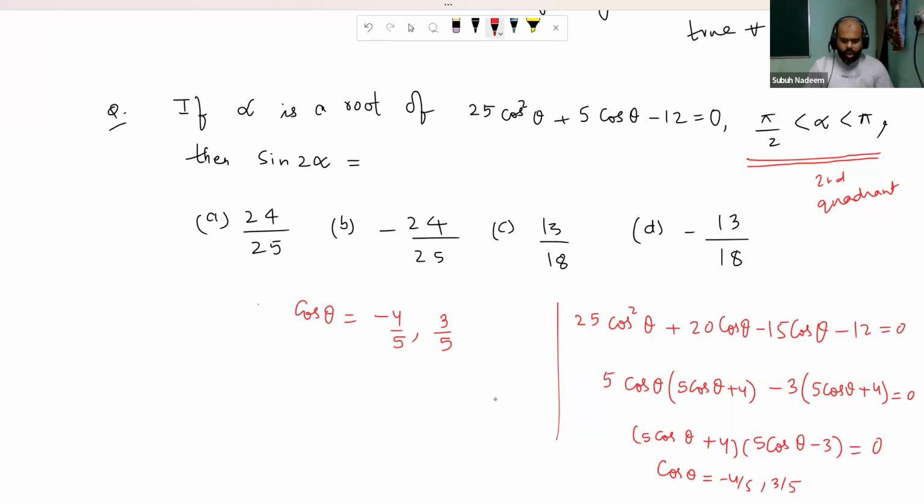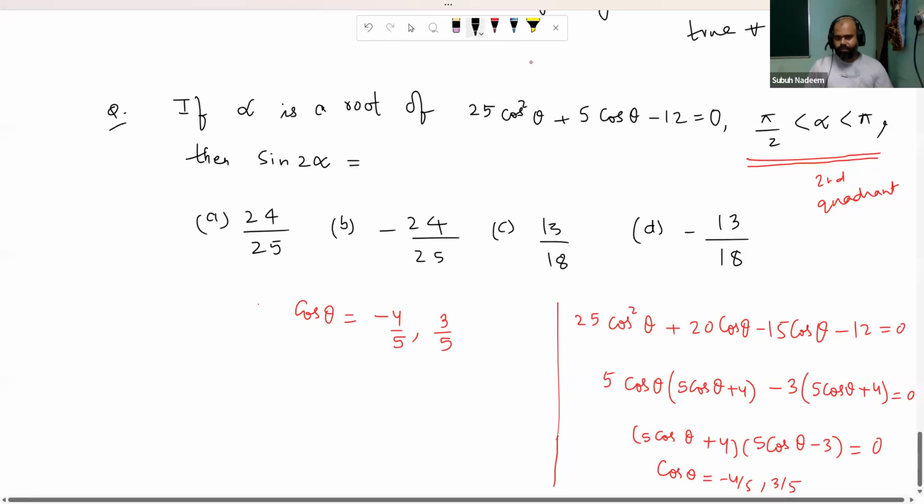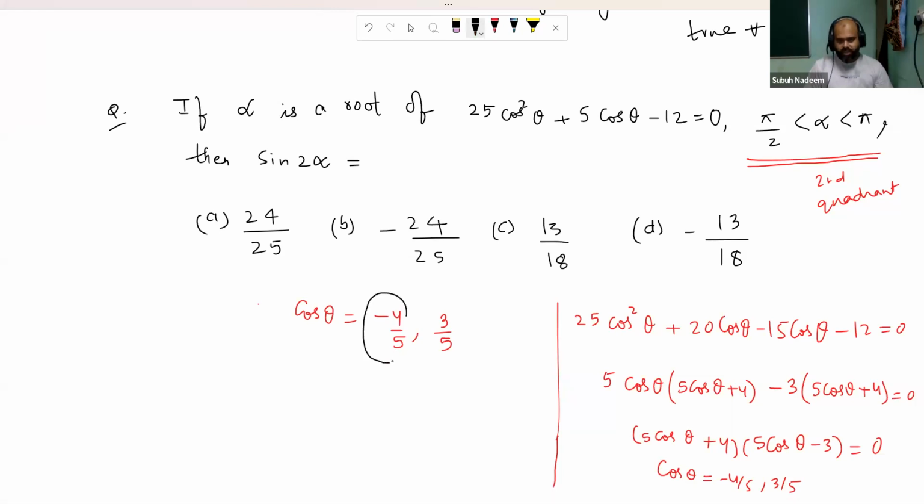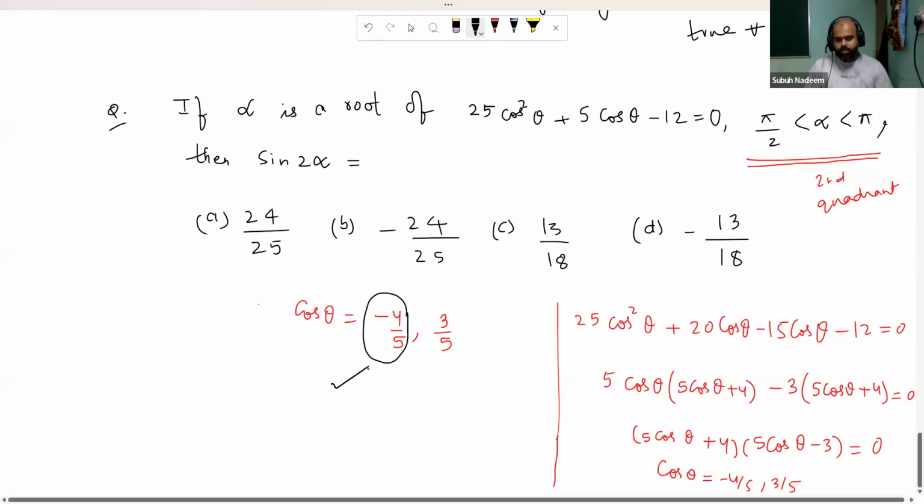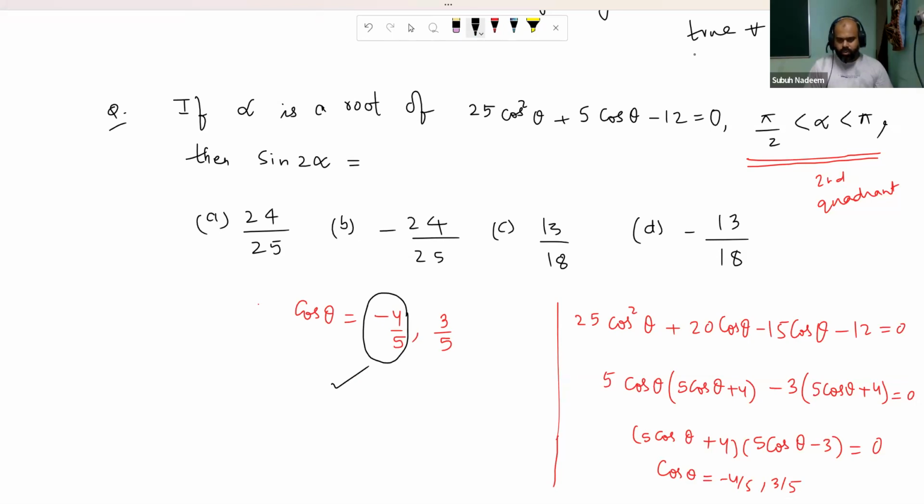Now, can you tell me which value can be accepted and which cannot? Sir, -4/5 can be accepted. Okay, why? Sir, because in the second quadrant, cos is negative.